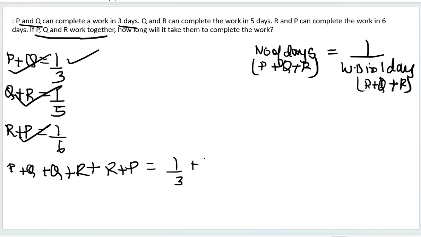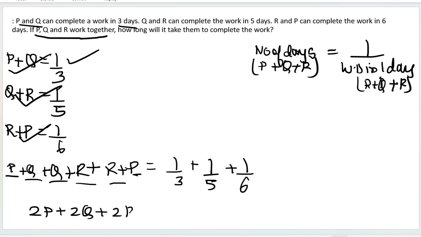Right hand side also add 1 by 3 plus 1 by 5 plus 1 by 6. Now, on the left hand side, if you observe, I have 2 P's, so I get 2P. I have 2 Q's, so I get 2Q. I have 2R, therefore I get 2R. Whereas on the right hand side, I have 1 by 3 plus 1 by 5 plus 1 by 6.